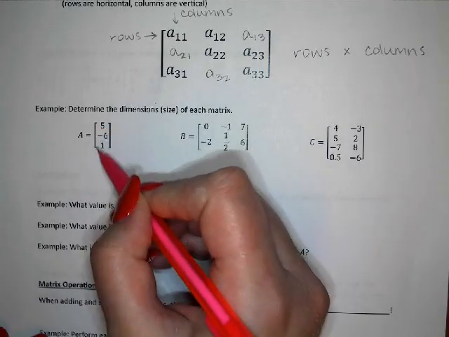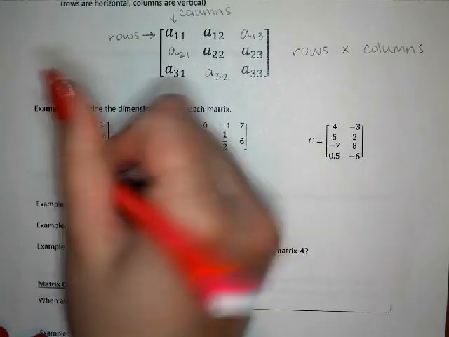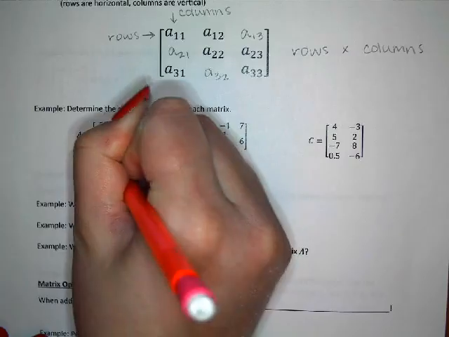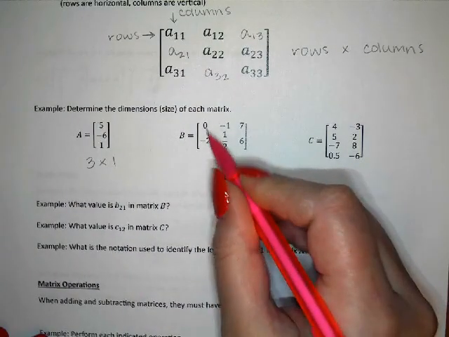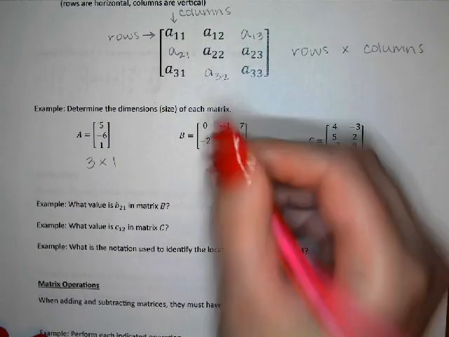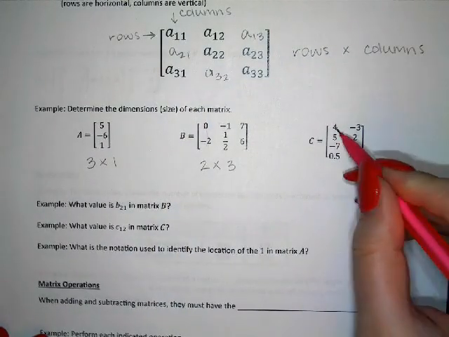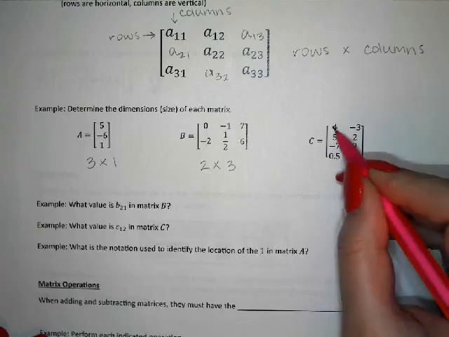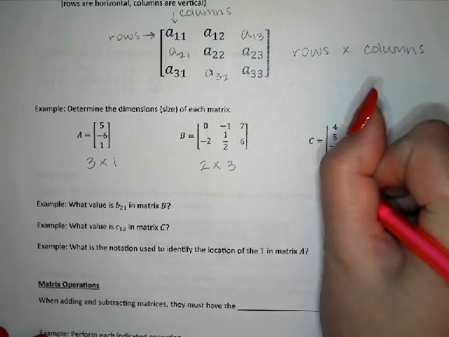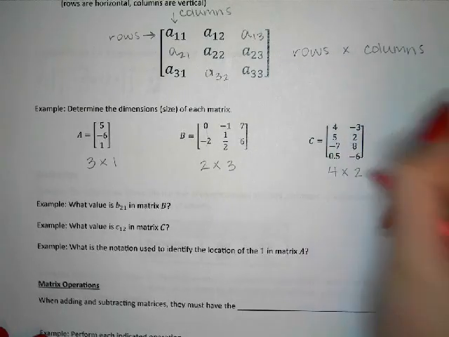Matrix A has 3 rows and only 1 column, so this would be a 3 by 1 matrix. This has 2 rows and 3 columns, so 2 by 3. And this matrix has 4 rows and 2 columns, so this would be a 4 by 2 matrix.